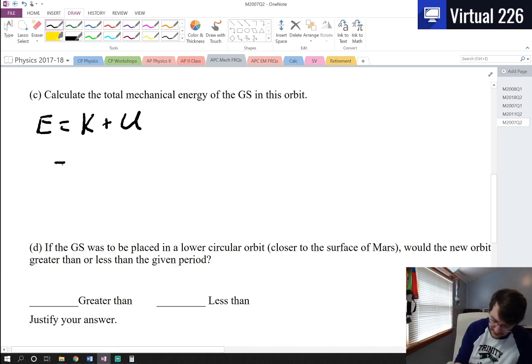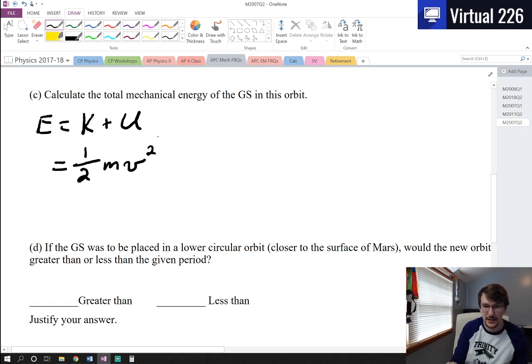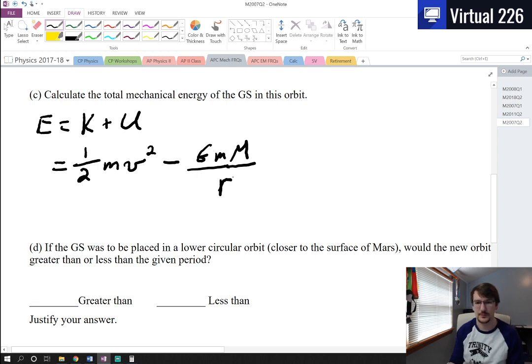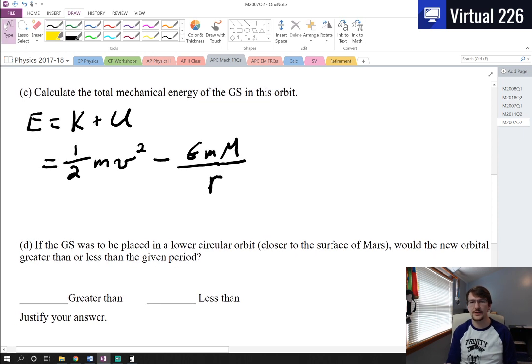So what we have here is 1/2 mv squared, minus our gravitational potential energy, which is GMm over r. At this point, we have a correct expression for the total mechanical energy. We've put the negative sign in here. That's 2 points out of the 4 points for this part. At this point, we just need to dump in values and get a number at the end.